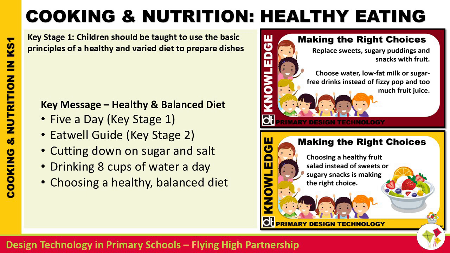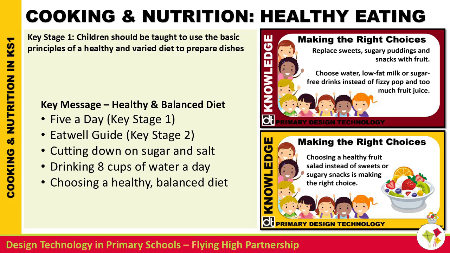So at Key Stage 1, children should mainly be working with fruit and vegetables to create healthy dishes. They could create fruit kebabs, fruit salads, fruit smoothies, savoury salads, or savoury dips and dippers. Children can learn about the different dishes and how to make them, and apply their knowledge of healthy eating and use a range of cooking techniques to prepare them.